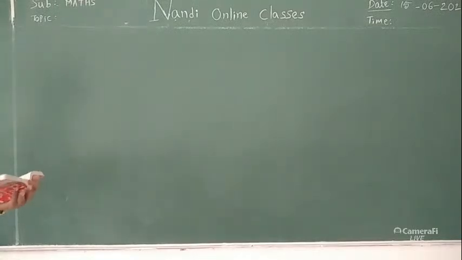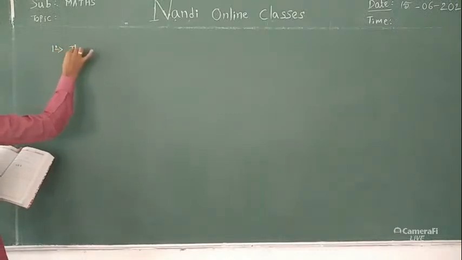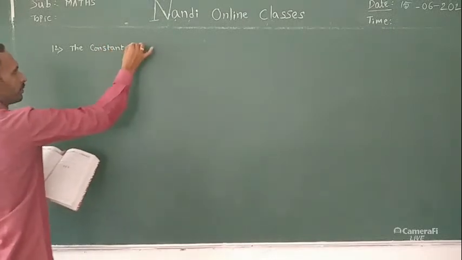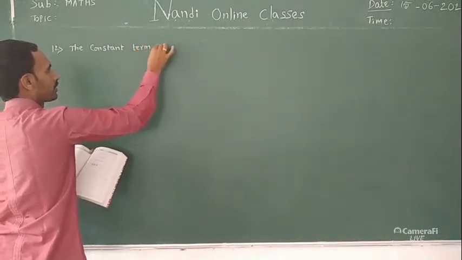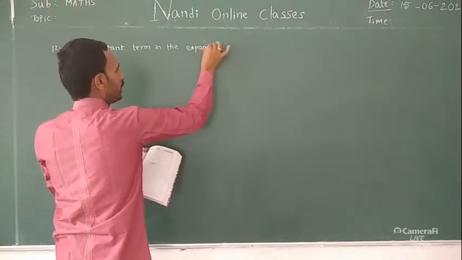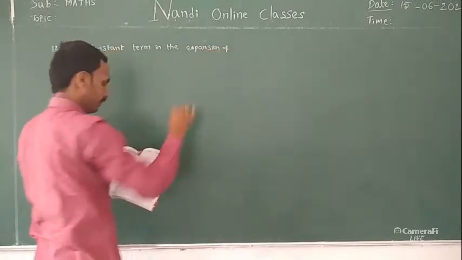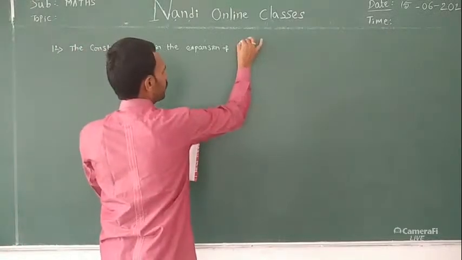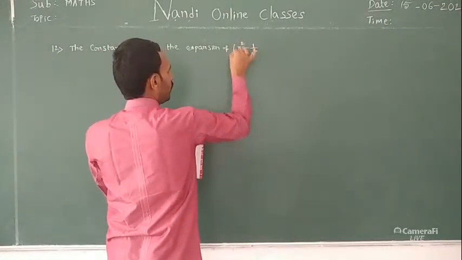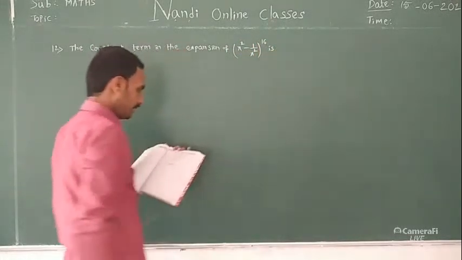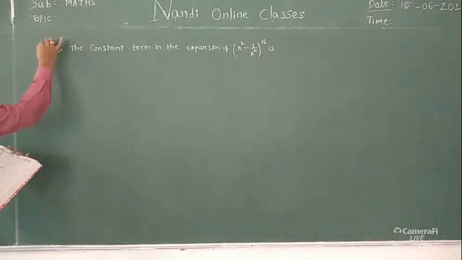Okay, 12th problem. The constant term in the expansion of (x^2 - 1/x^2)^16 is... This is given in 2018.